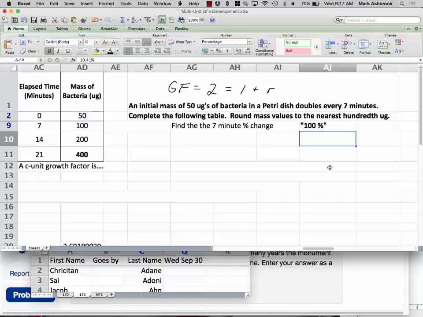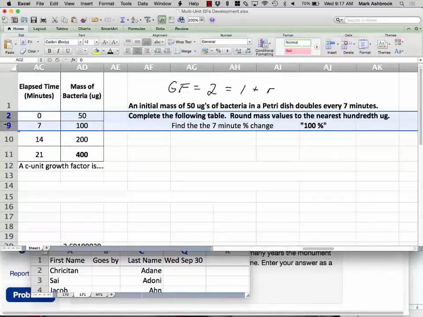Okay, so now we're going to take a look at what we call partial unit growth factors. So we looked at multi-unit growth factors. What we really want to know is what's the percent change and what's the growth factor every 1 minute. Okay, so here's how we're going to do that.